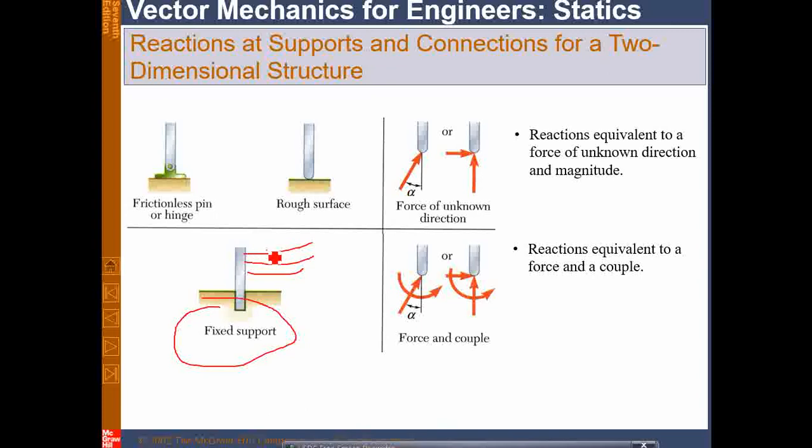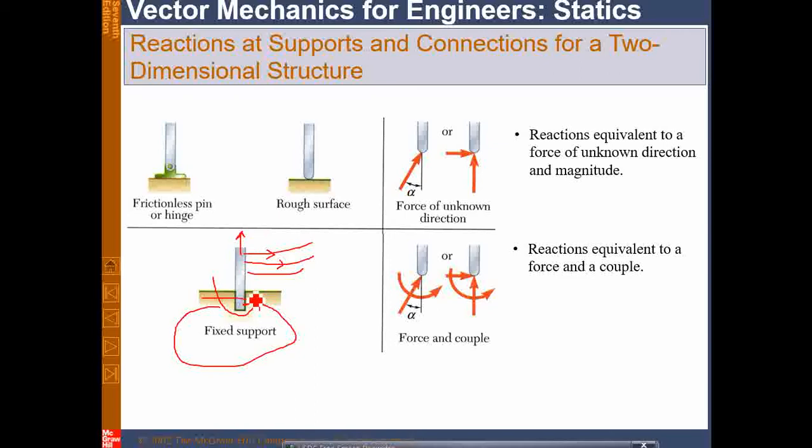There will be a force component here, and due to this force component and this length, this will create a moment of this kind at this point. So whenever there is a fixed support, a moment may exist due to the action of the force. Now the force on this column is like this.